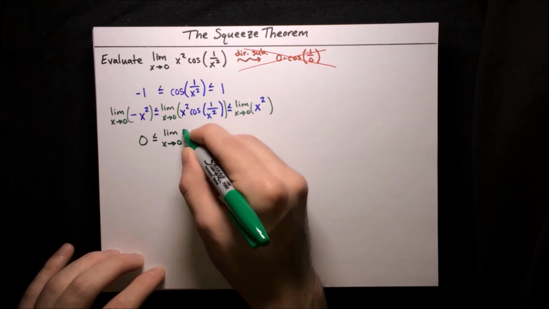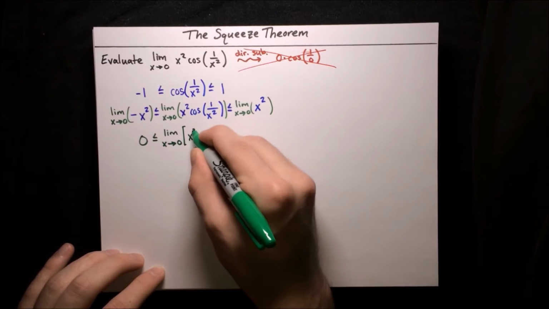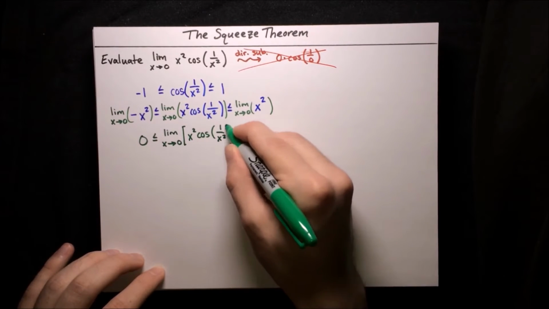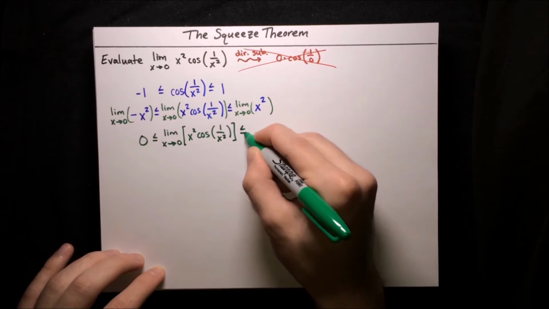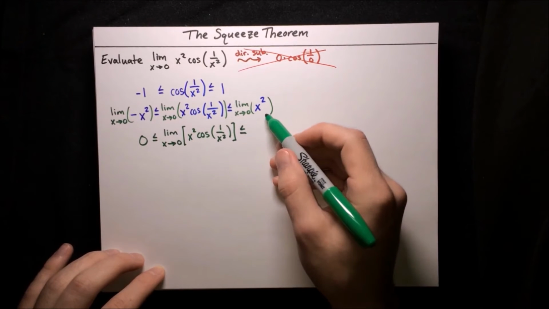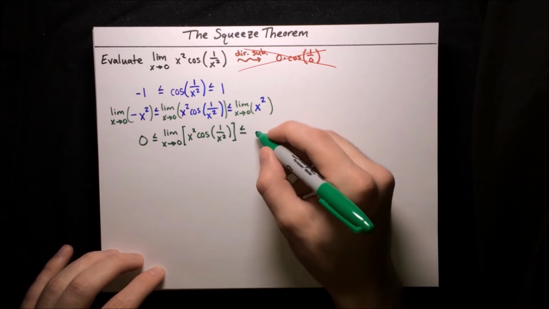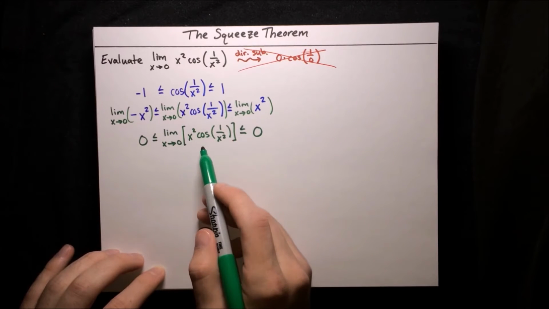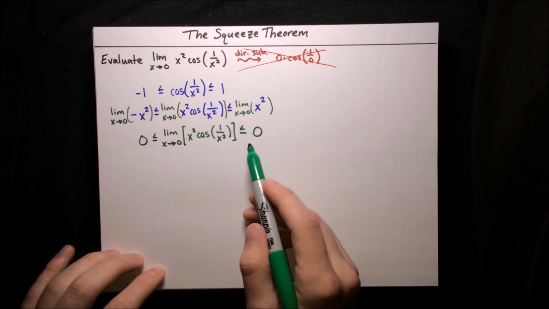Limit as x approaches 0 of x squared cosine 1 over x squared is less than or equal to, this right one is an easy one to evaluate. The limit as x approaches 0 of x squared, just plug in 0, 0 squared is 0. So this inequality is saying that our limit is greater than or equal to 0 and less than or equal to 0.